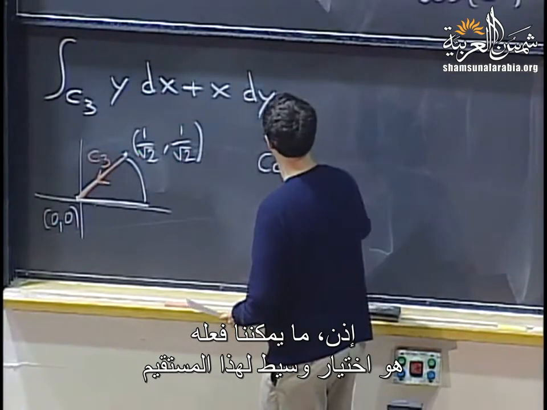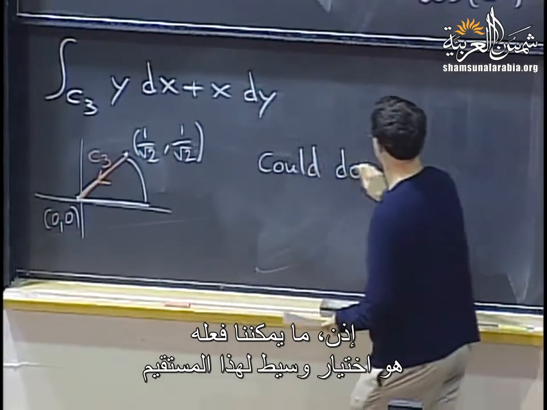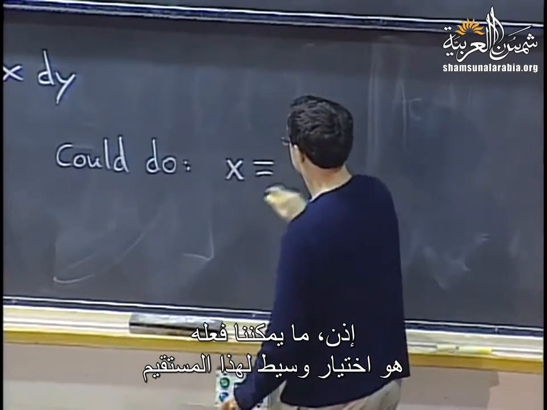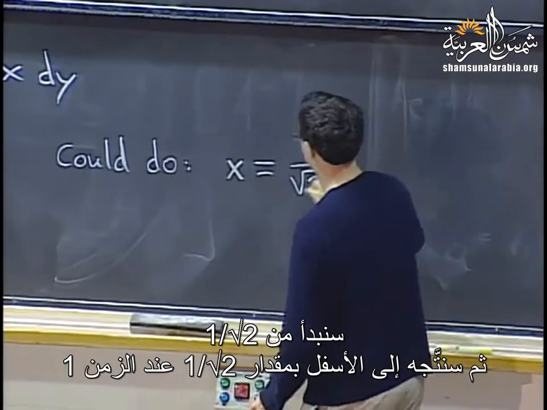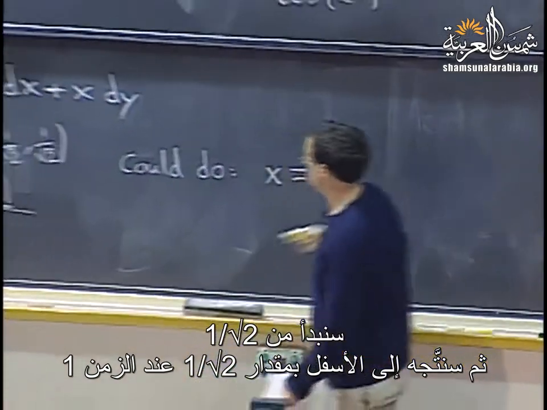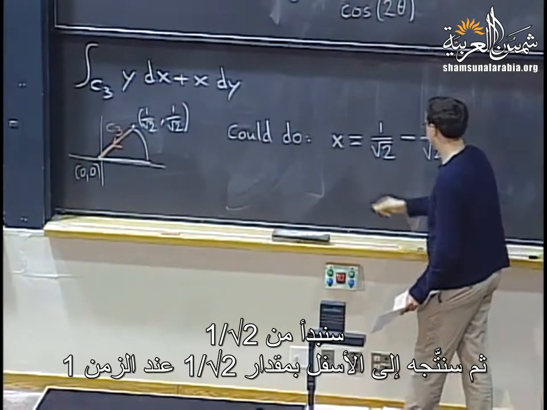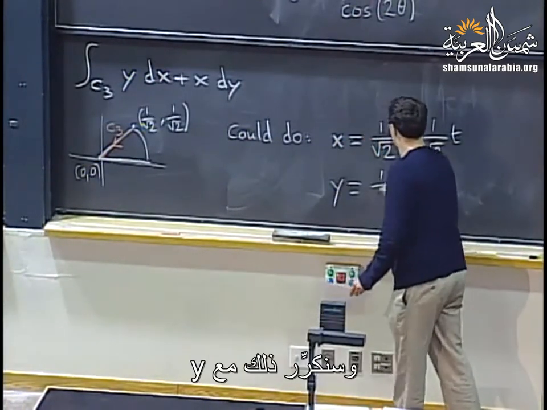So what we could do is parameterize this line. We start at 1 over root 2, and we go down by 1 over root 2 in time 1, and same with y.